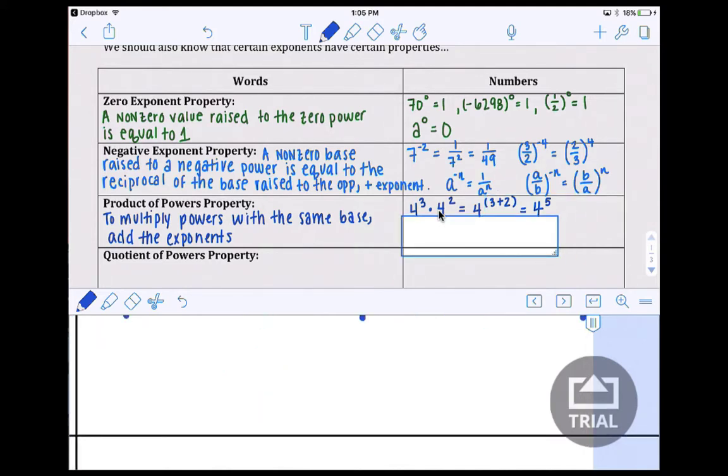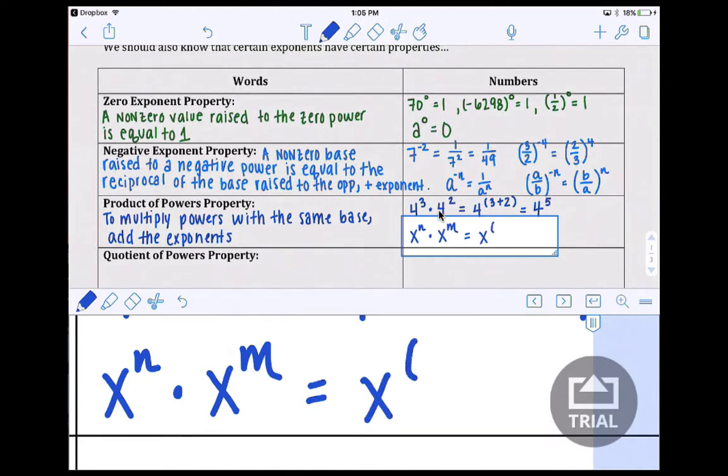In variables, that would be x to the n times x to the m is going to be equal to x to the n plus m power. So again, when you're multiplying something with the same base, you add their exponents.